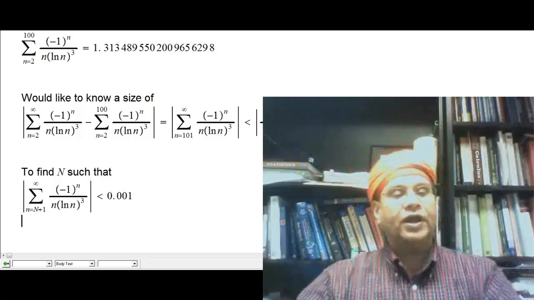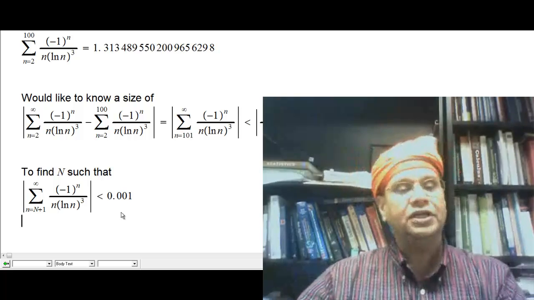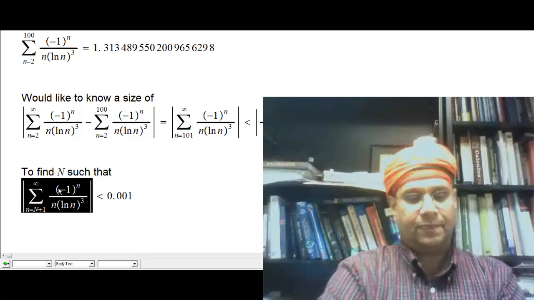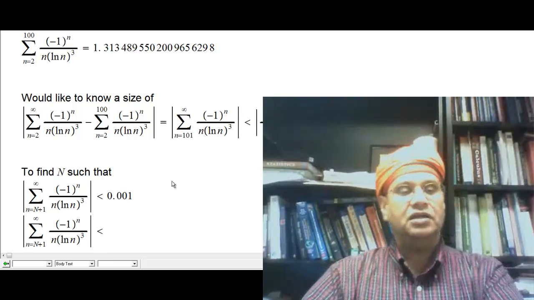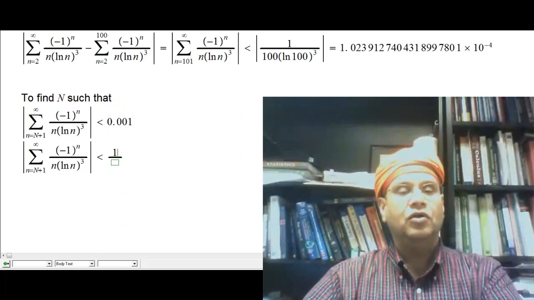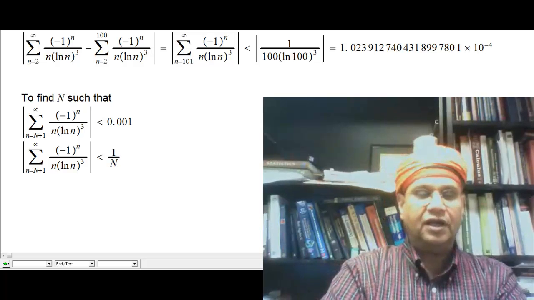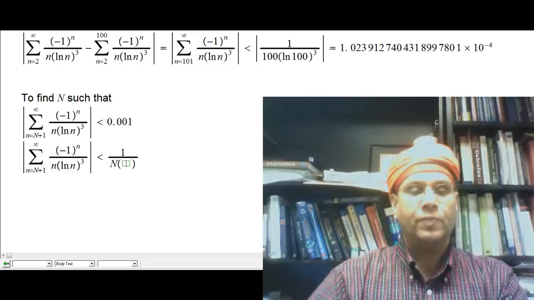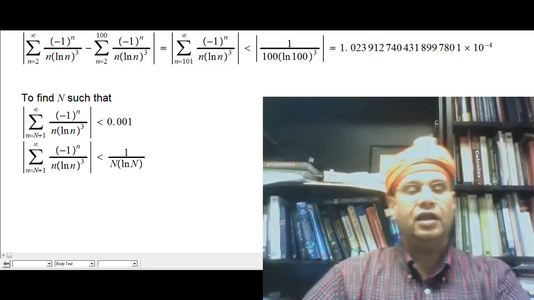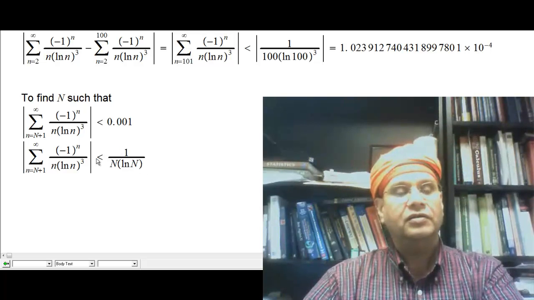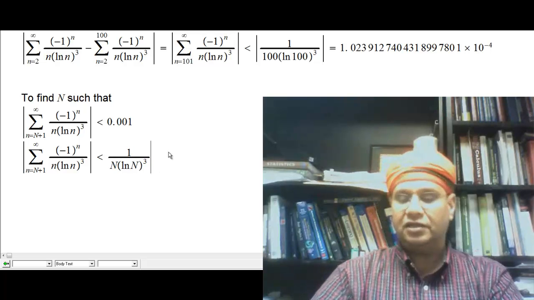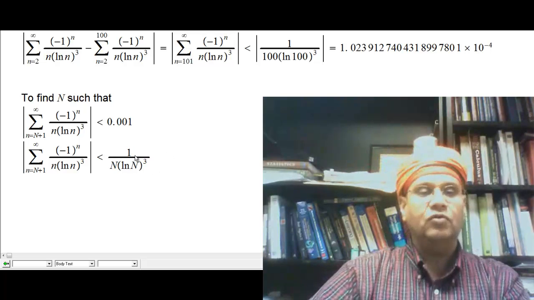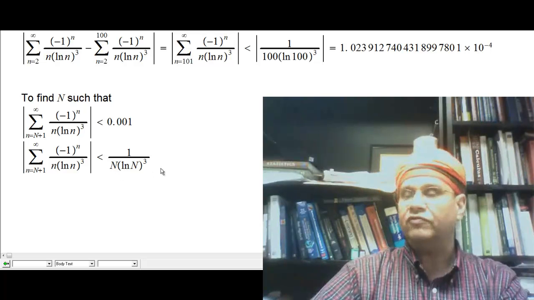Okay. So what I would do is, I know that this value here is less than how much? 1 over n times ln of n cubed, right?